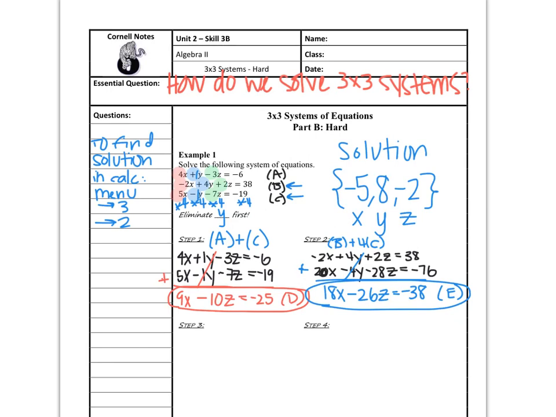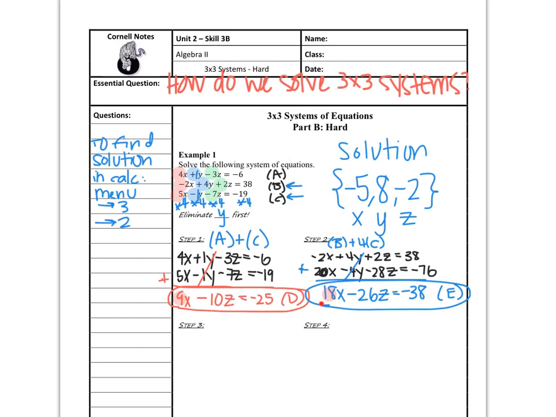Next up, we want to look at equations D and E to now eliminate either the variable x or the variable z. So what we're going to do is, again, look at our coefficients. So we have a 9x and a positive 18. 9 and 18 are related to one another. All you have to do is take 9 and multiply it by 2 and you get 18. So it looks like x's might be pretty easy to eliminate.